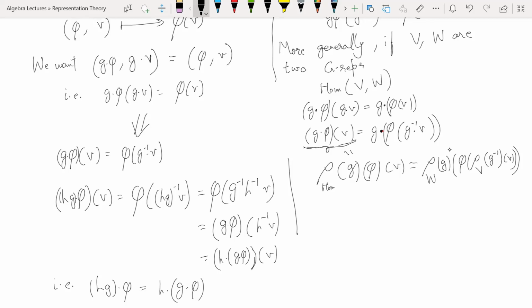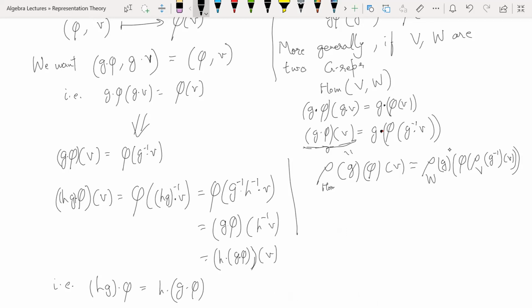By this formula, this is phi of (Hg) inverse of V, where (Hg) inverse is the same as G inverse H inverse. Of course, this is the action on V, and this is indeed an action. So you can think of it as H inverse V followed by G inverse V.